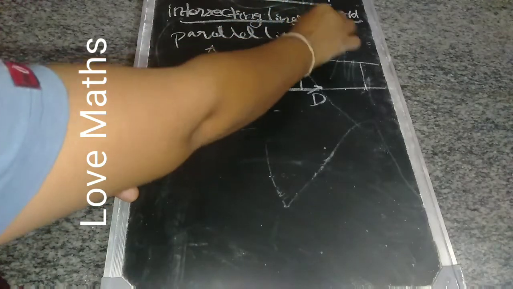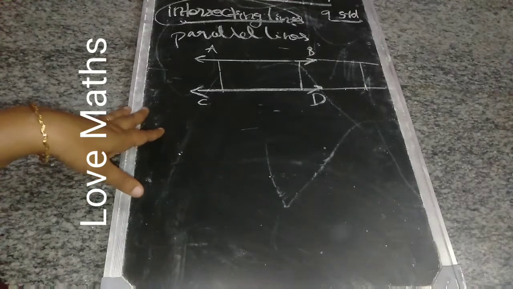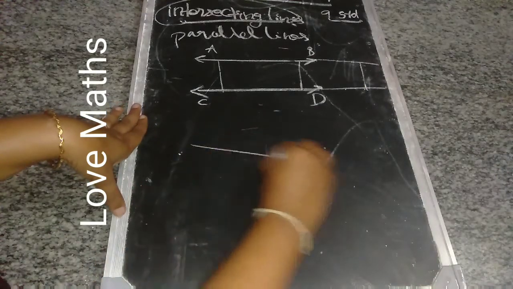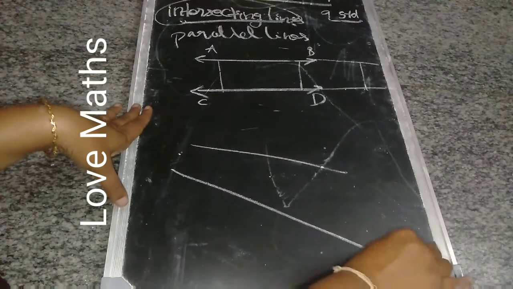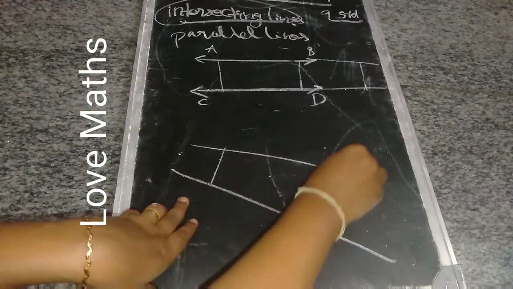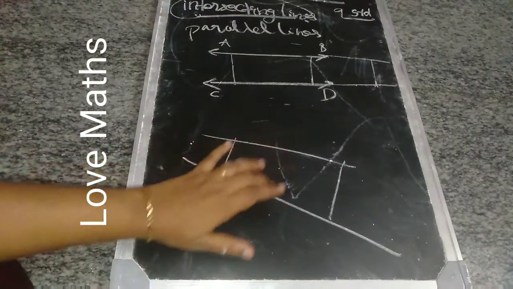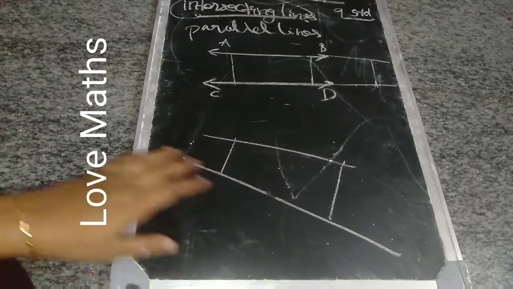Vertically opposite angles come with intersecting lines. Next, in case these two are parallel lines, no, because the distance is not equal. Even if they look like they do not touch, it is not necessarily parallel.